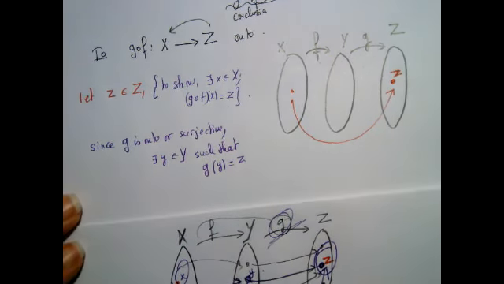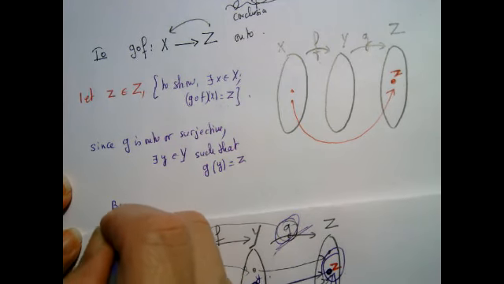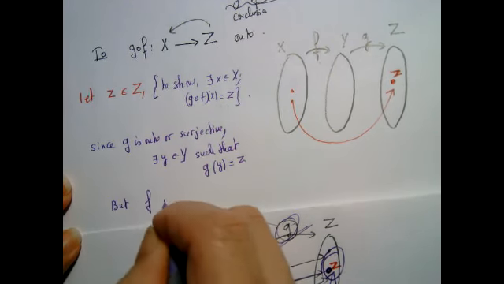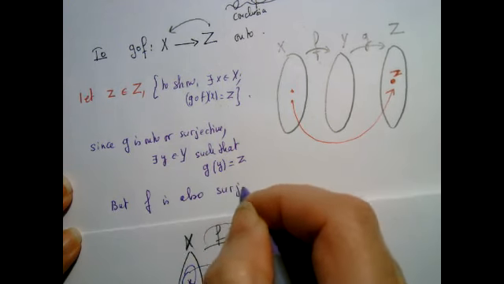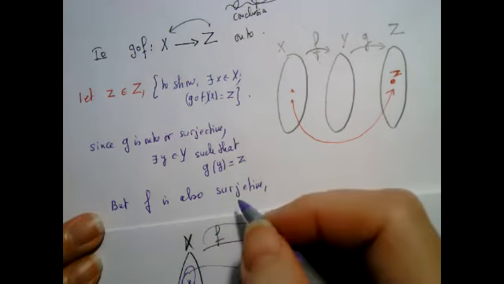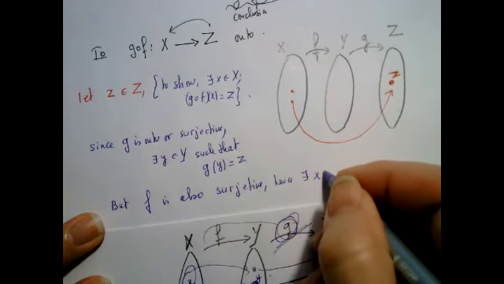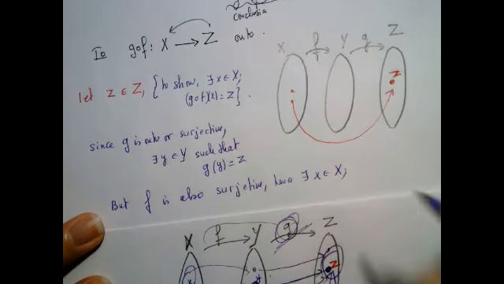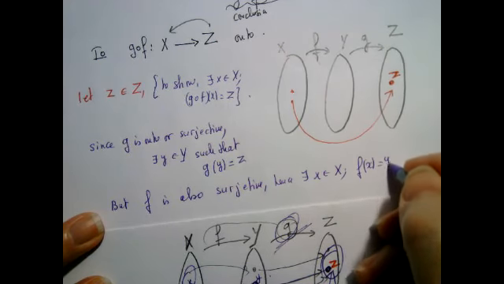Okay, keep going. We know F is surjective as well, so there exists an X in X such that F of X is equal to y. And then you put that all together in the composition. Hence, I can find an X in X such that F will take X to y.